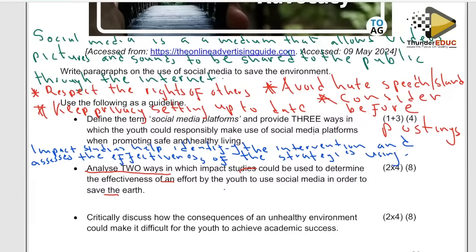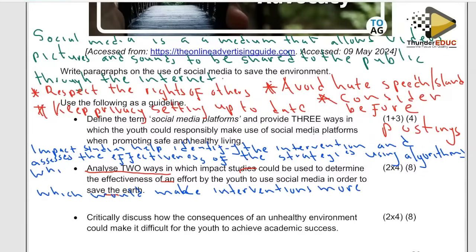Using algorithms, which would then make interventions more effective. This would make interventions more effective.